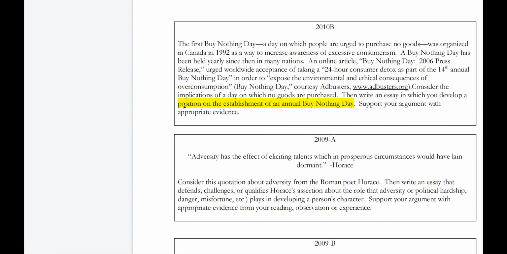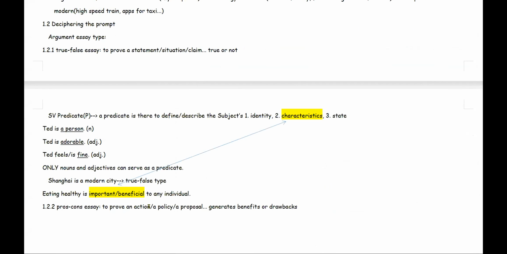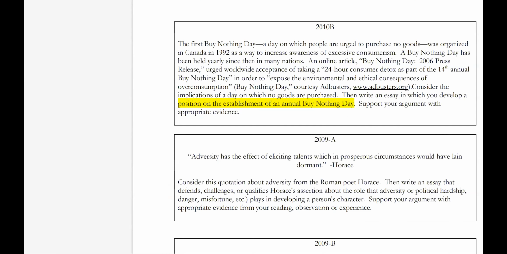What do you think? So this action generates benefits or drawbacks, right? So your position would be what? Well, I do not believe we should have this annual buy nothing day. Why? Because it can harm the market, right?